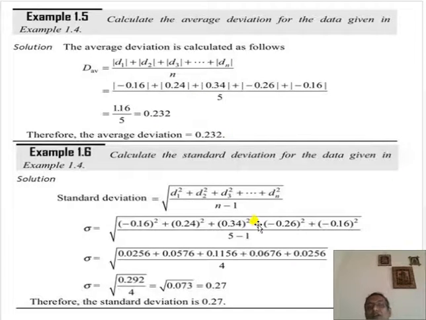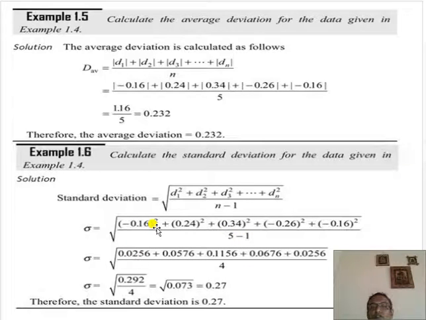At the same time, we have to calculate the standard deviation for the given data, and the equation is the square root of d1 square plus d2 square plus d3 square and so on up to dn square, divided by n minus 1. So how many times we have calculated, that is subtracted by 1. We know the values of d1, d2, d3; substituting these values, the number of times is 5, and 5 minus 1 is 4.